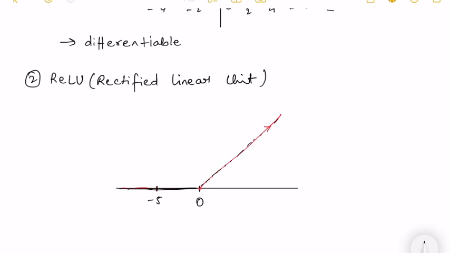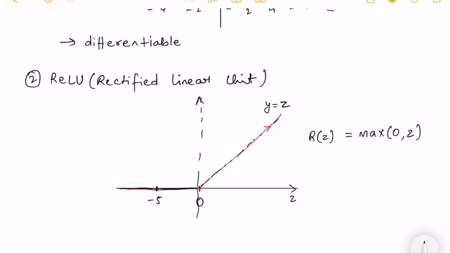So if we write down this activation function, let's say it's R in terms of z, and z is this axis, it would be equal to max of either 0 or z itself, right? So this line then would be equal to y equals z, right?